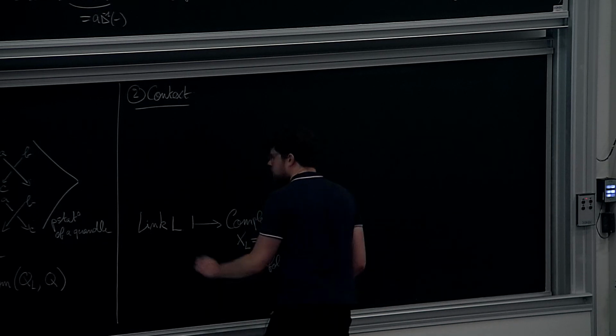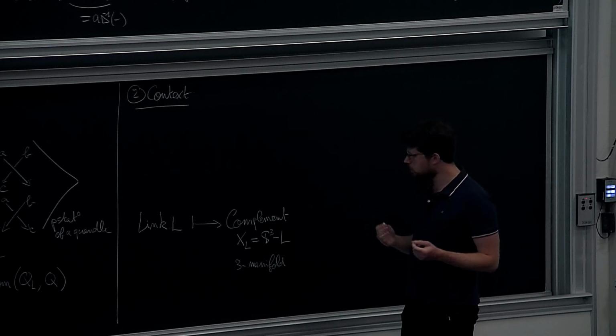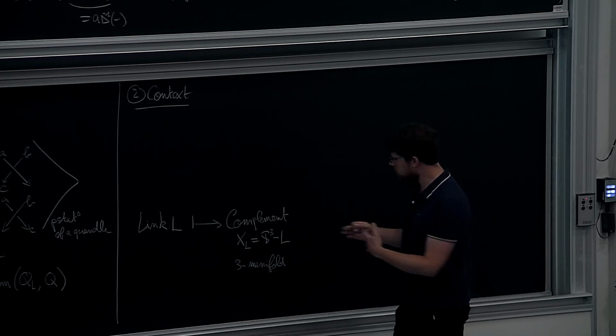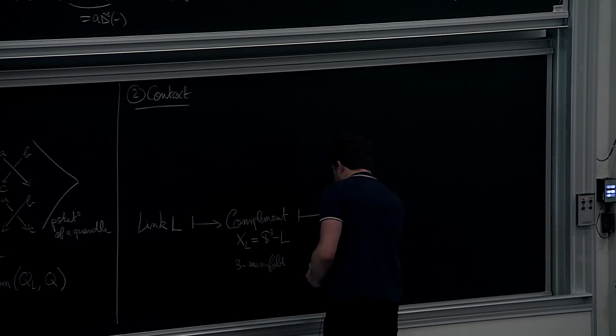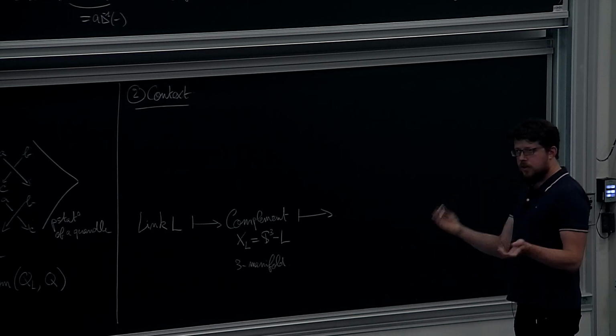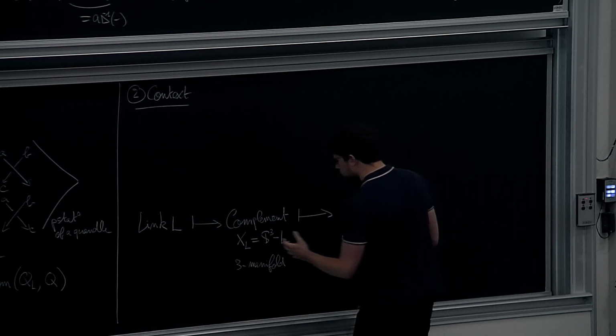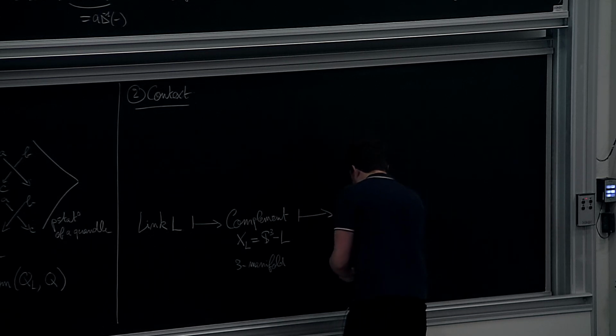And if you get an isotopy of the link, you get a homeomorphism of such manifolds. So this is a link invariant, and it keeps a lot of information. And then if you want to go algebraic, you will take the first algebraic thing you can think of, which is the fundamental group of this manifold.